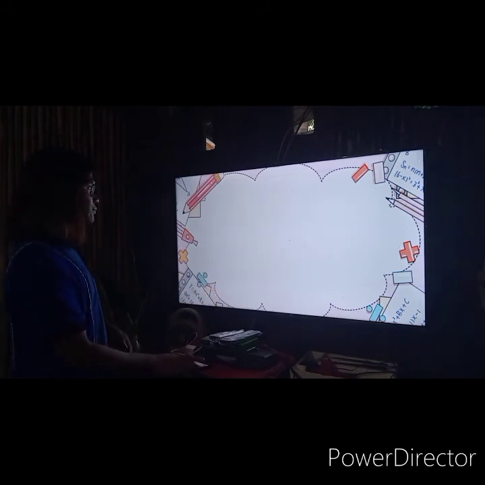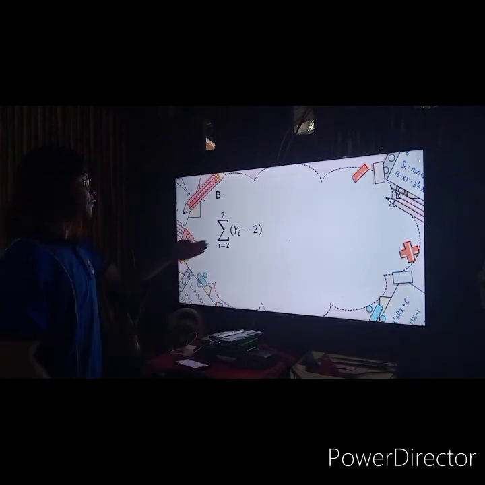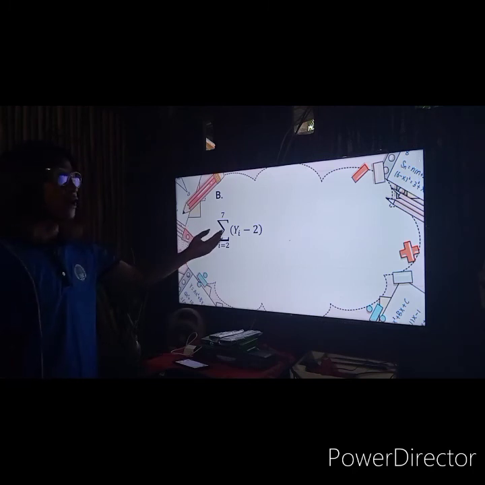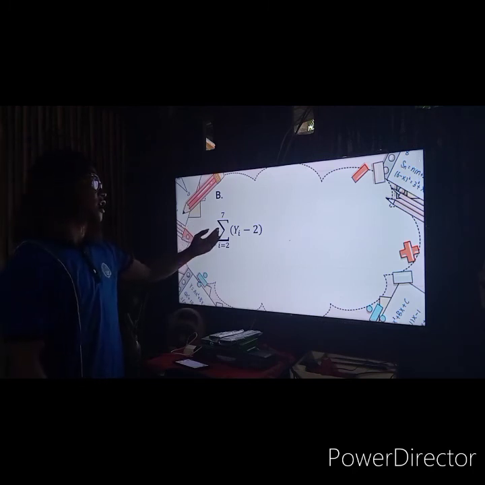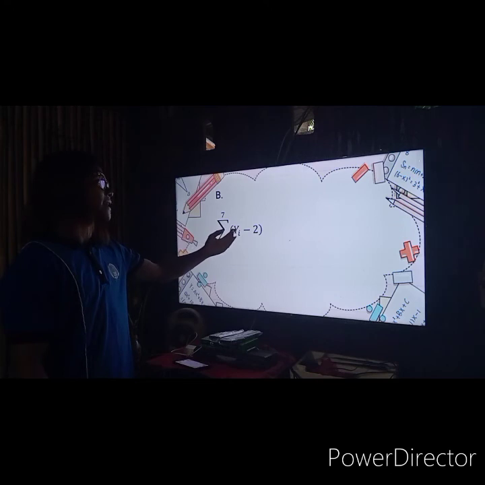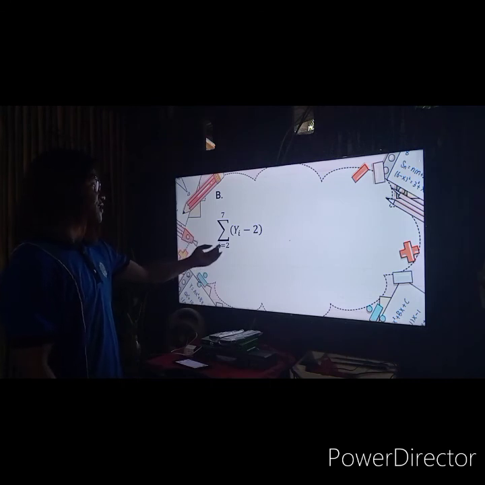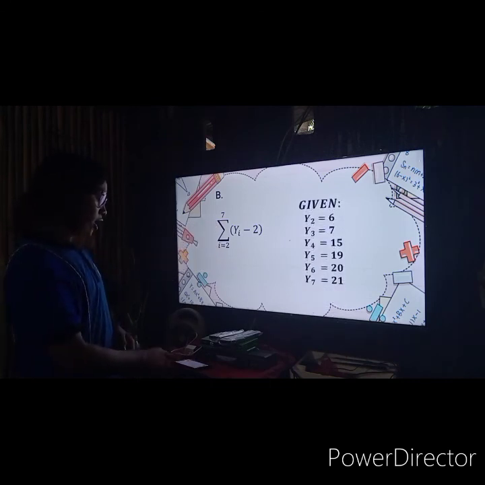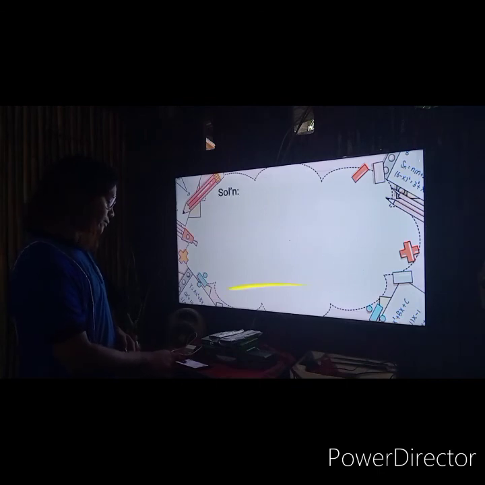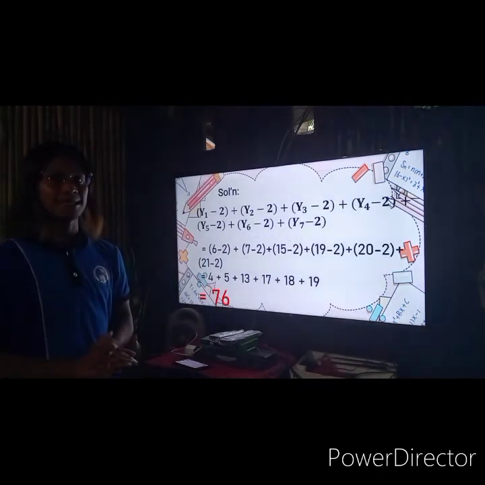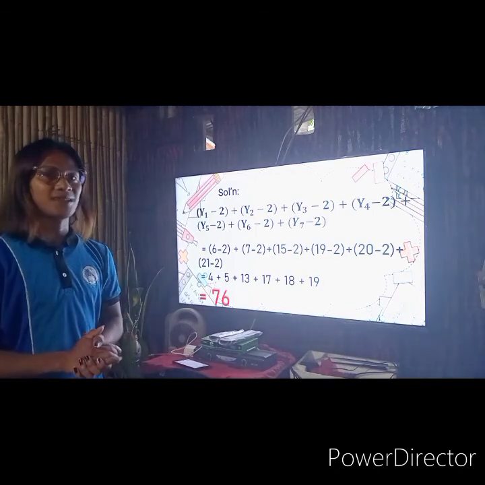Therefore, this formula, which is summation of the quantity y sub i minus 2, where i ranges from 2 to 7, has a total of 76. See? That's so easy.